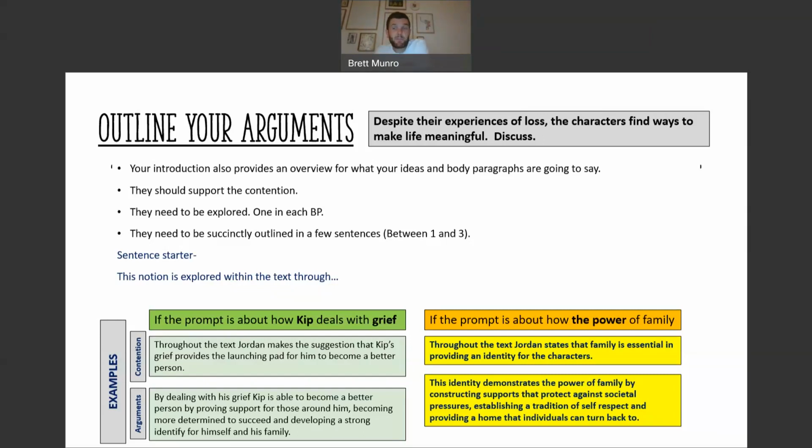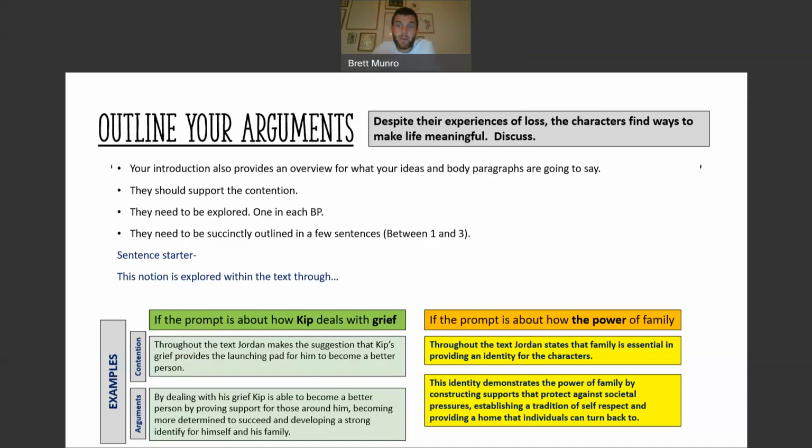In our prompt about the power of family, we are looking at a contention that says throughout the text, Jordan states that family is essential in providing an identity for characters. So each of our ideas needs to look at how and why identity, particularly identity drawn from family, is important.